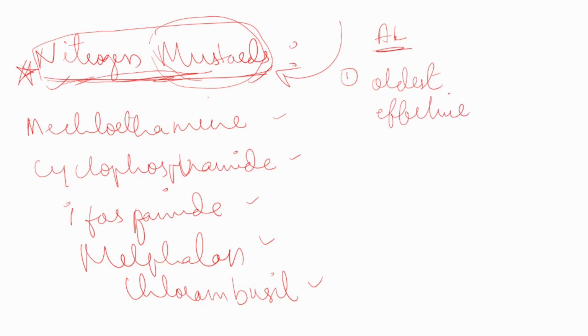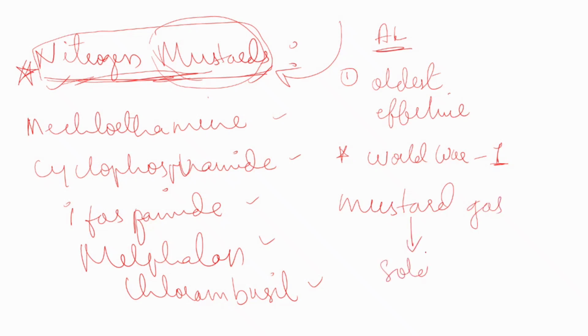For the first time, these nitrogen mustards and alkylating agents were initially used in World War One. In World War One, there is a compound called mustard gas. This mustard gas was sprayed on the soldiers to kill them.